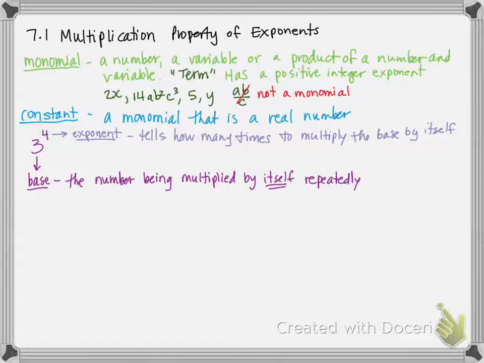And then overall, if you look at this whole thing together, that's what we call a power. All right, so 3 to the 4th power means 3 times 3 times 3 times 3. So I stop when I have 4 3s.